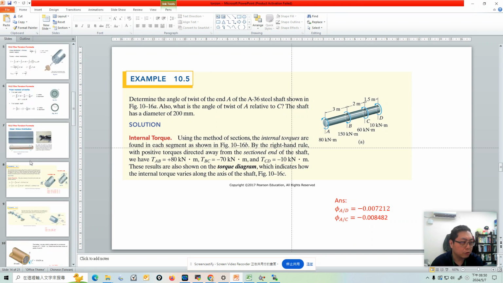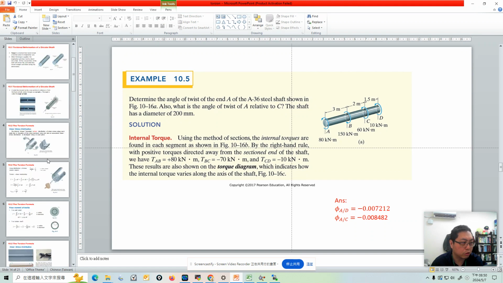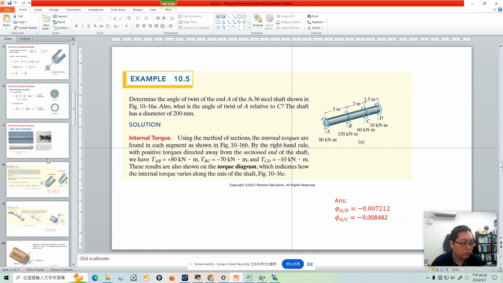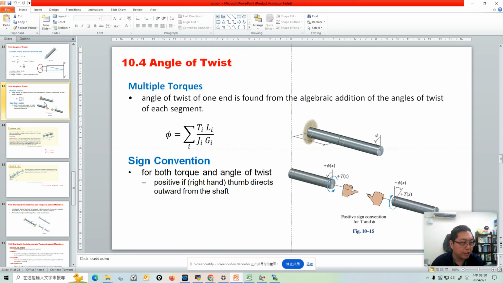So here is the sign convention for a torsional load member. Here's the convention: you use the right hand rule, where your forefinger is the direction of the torque.